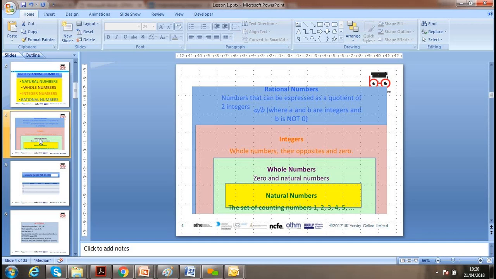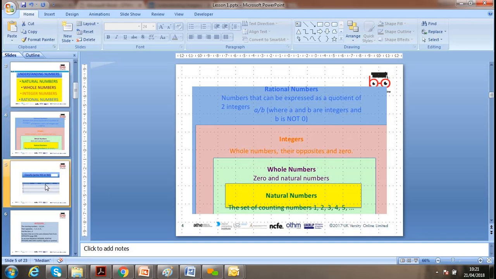Rational numbers can be expressed as a division of 2 integers, a over b. Integers are whole numbers, their opposites and zero. And whole numbers start from 0. Natural numbers are the counting numbers 1, 2, which you mentioned very well.